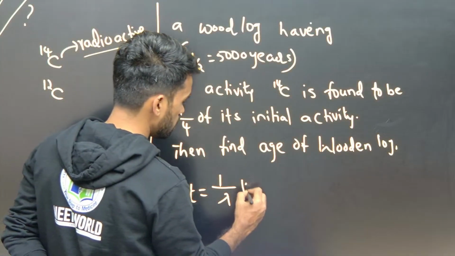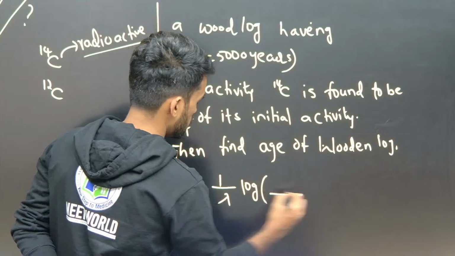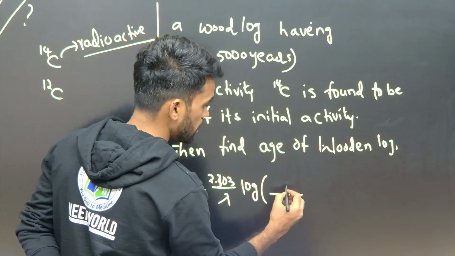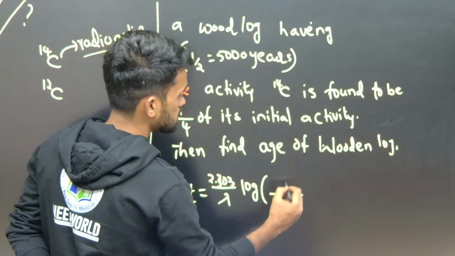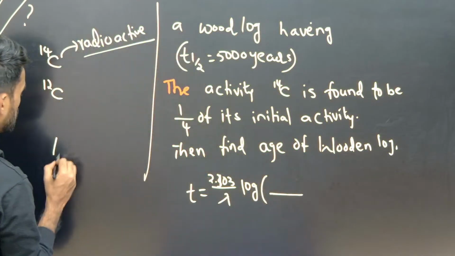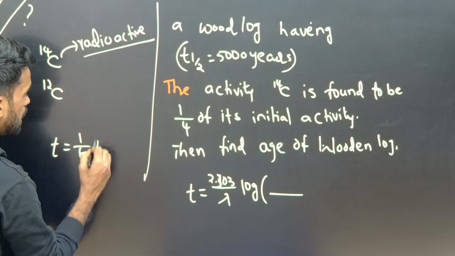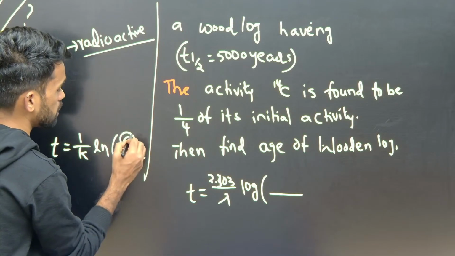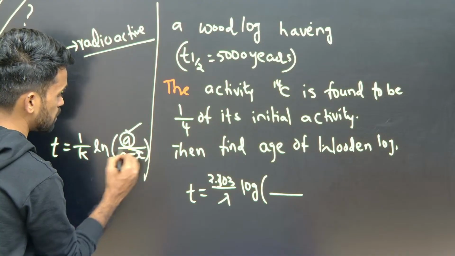So we write t equals 1/k ln of a by a minus x, which is the concentration initially over the concentration after some time t.